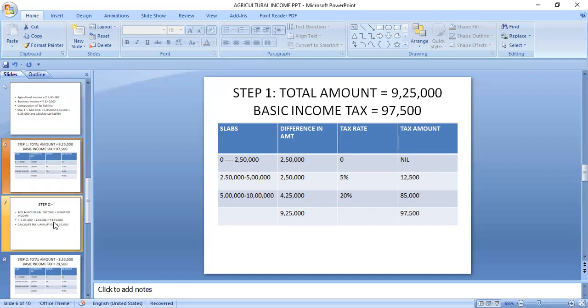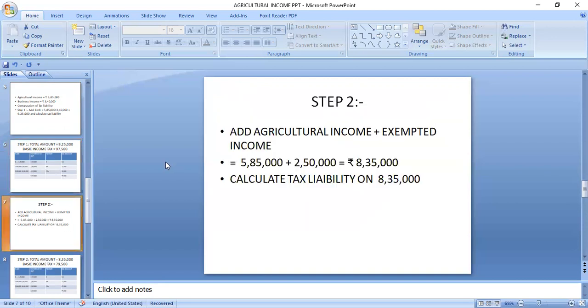What is step 2? Now add agri income and exempted income. We are assuming that if age is not given, his age is less than 60 years. Therefore, his exempted income will be 2.5 lakhs. So we are adding these two, 5,85,000 agri income plus 2.5 lakhs, total will be 8,35,000.